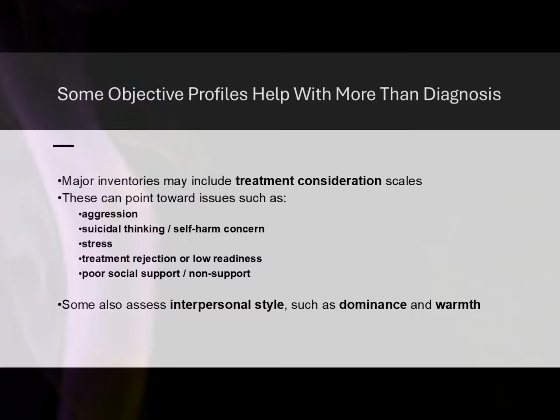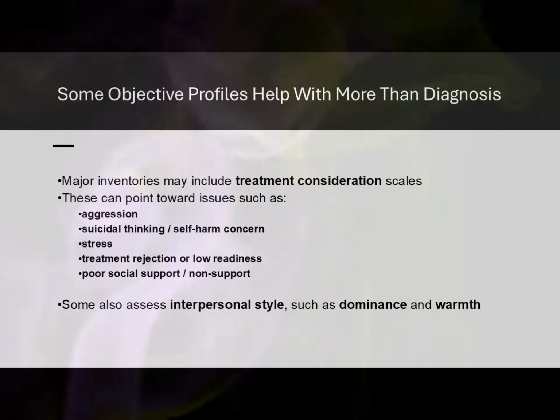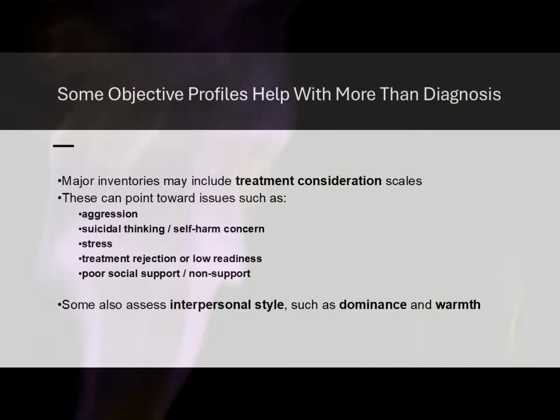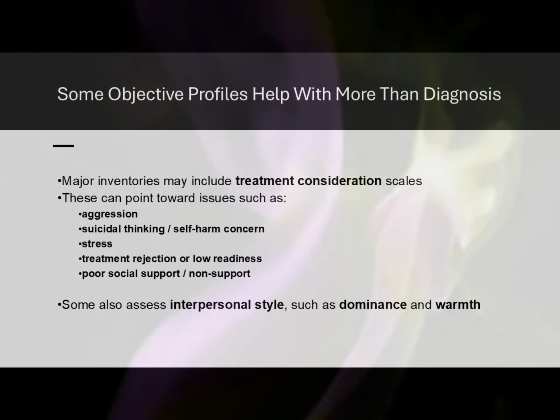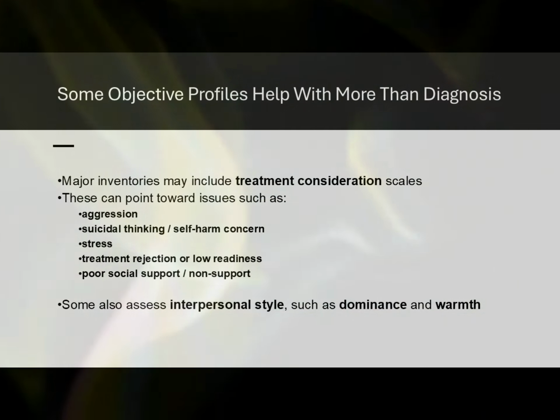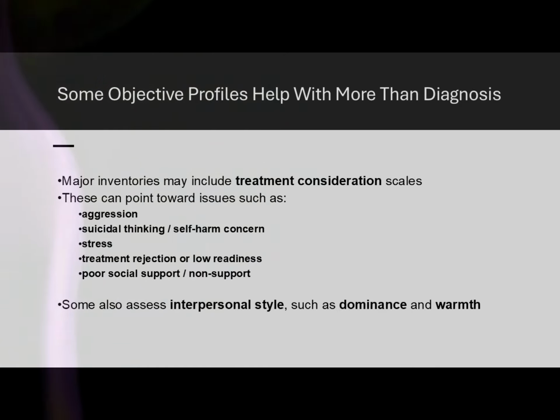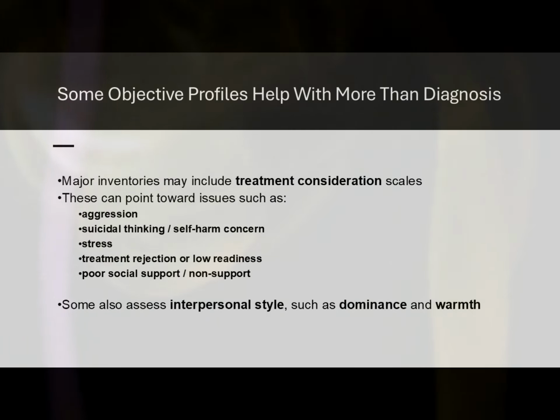In addictions work, anger plus poor impulse control may increase relapse risk, so that's something to be mindful of. Or it might increase domestic conflict or treatment disruption. So this means the counselor may need clearer boundaries, stronger structure, and more direct safety and coping work in order to help the client.